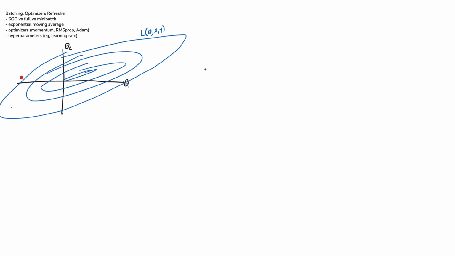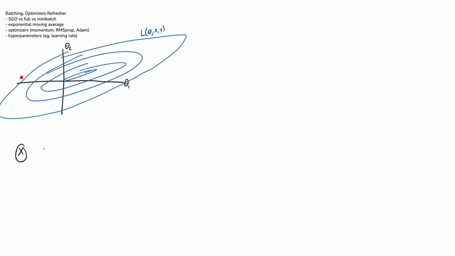Now, in the previous video, we discussed the forward pass, the backward pass. Basically, in the forward pass, we compute a prediction. So very quickly, let me draw a little diagram here. I've got some data.